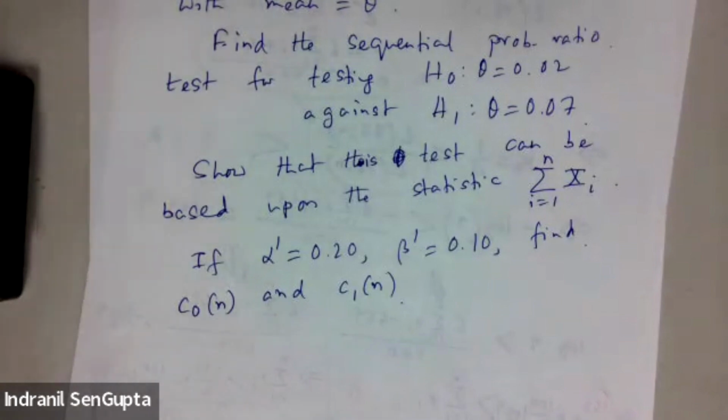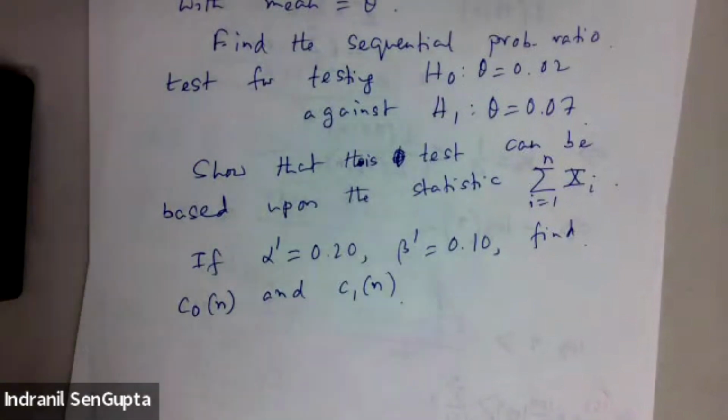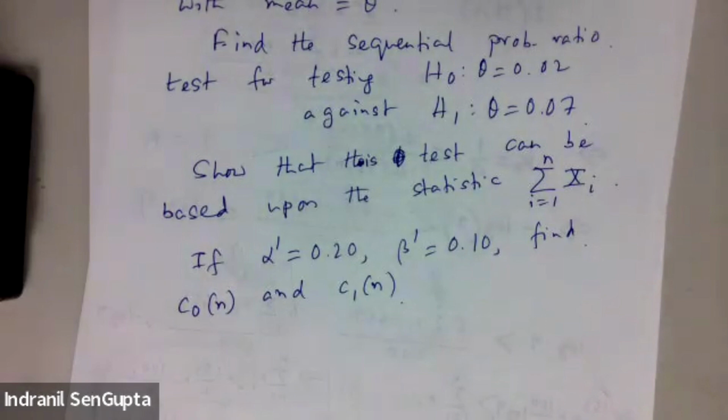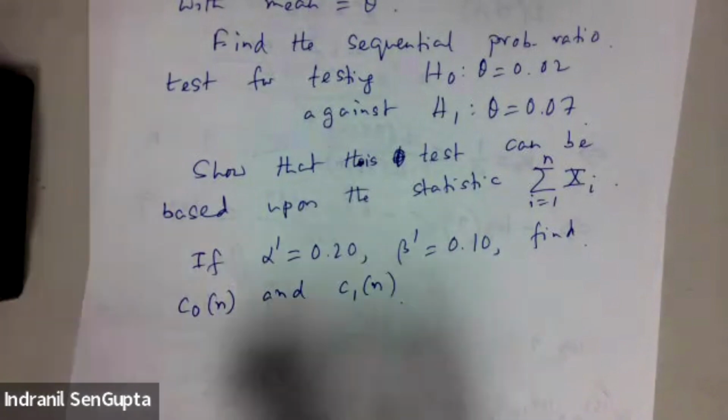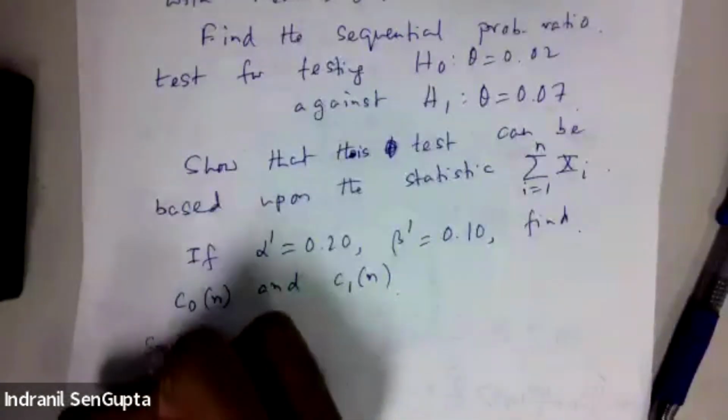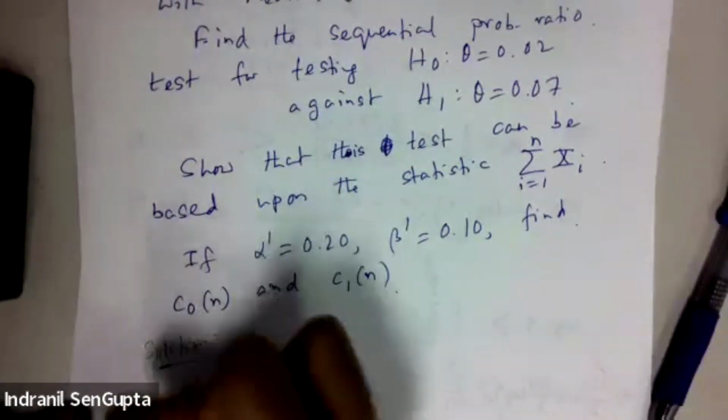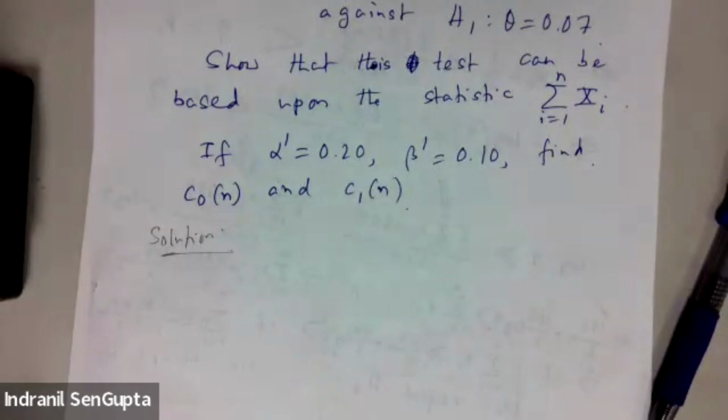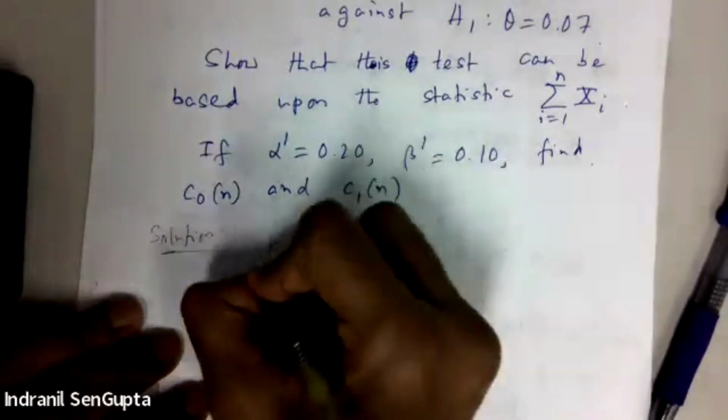Now, of course, the way we compute the value of K0 and K1 is very much similar to what we have done earlier. So, solution. First of all, we have to set the two bounds.